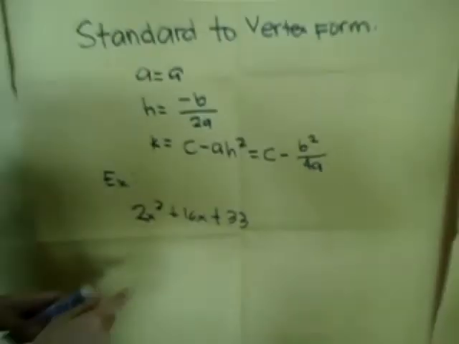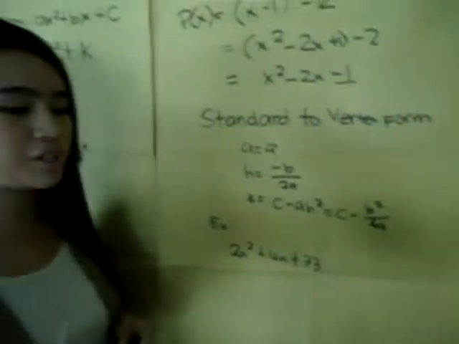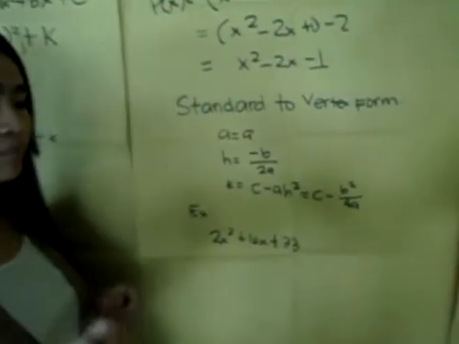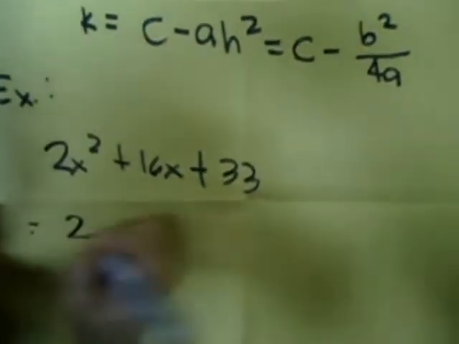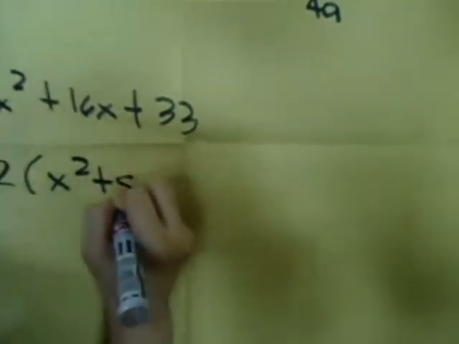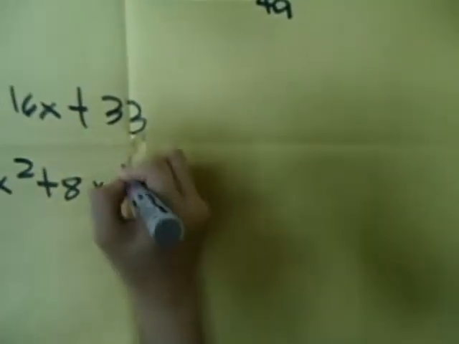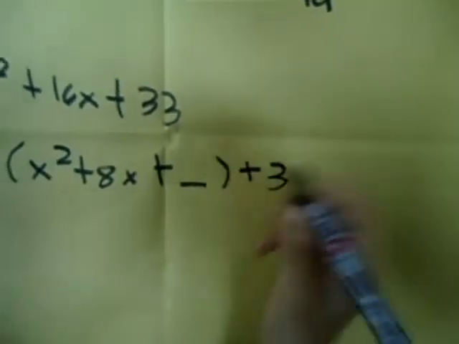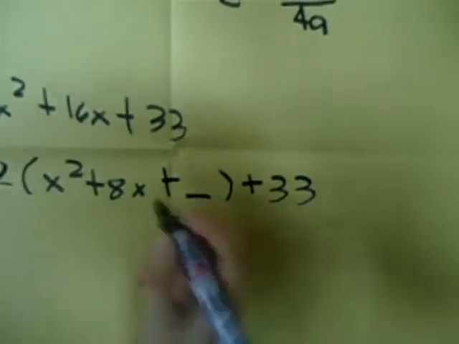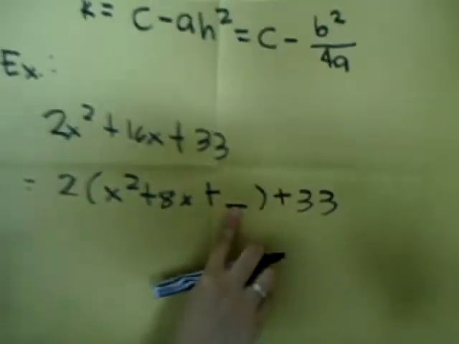First, factor out the common monomial factor, which is 2. So it will become 2 times x squared plus 8x plus blank, plus 33. We will look for the third term.